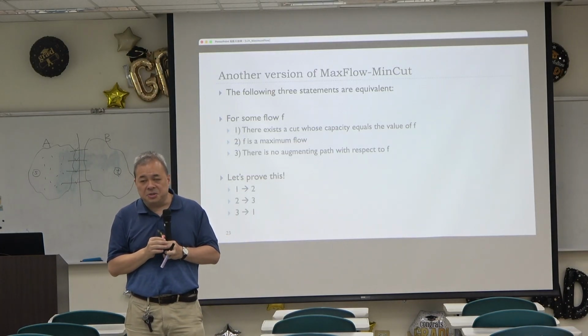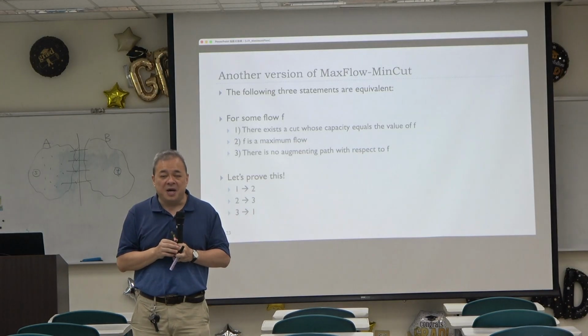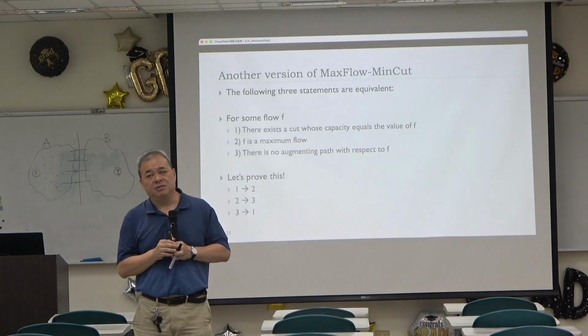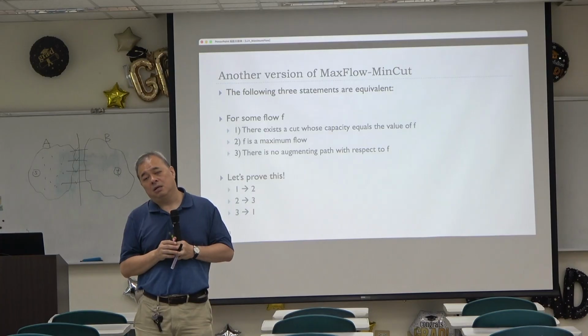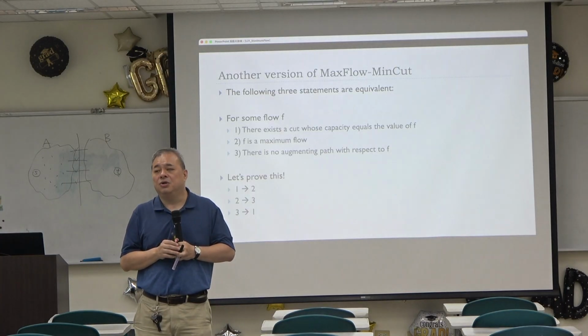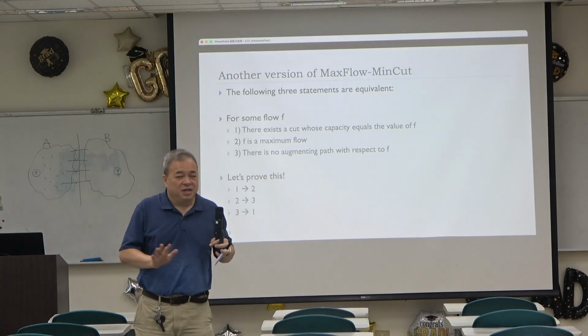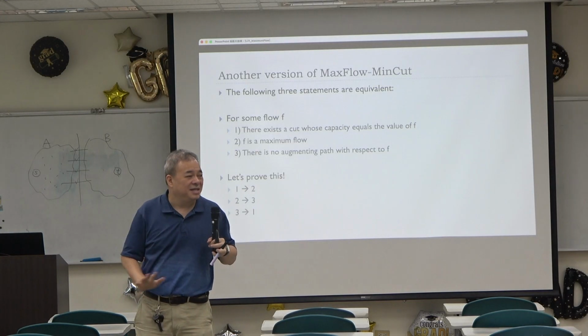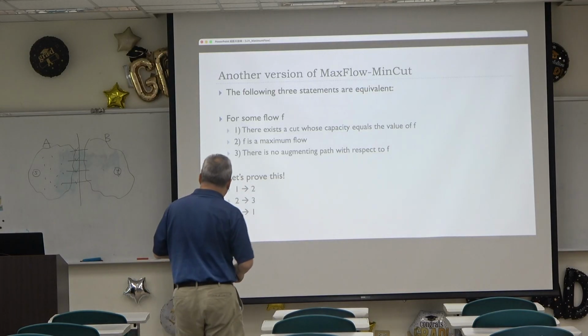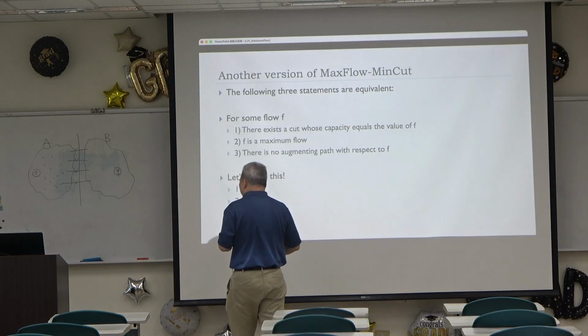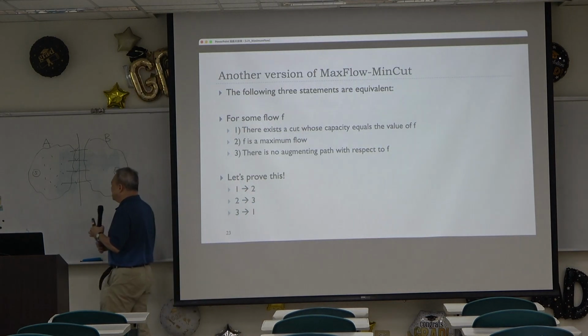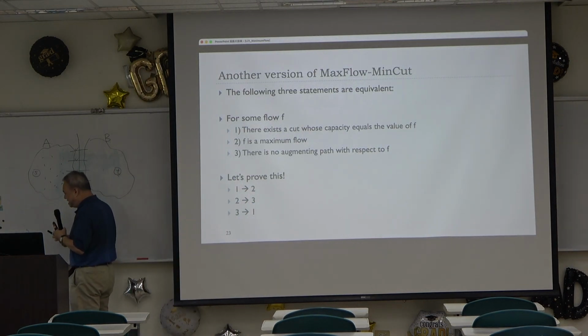So this actually gives us an algorithm to find the bottleneck. Of course, first you need to push the maximum flow. Once you have the maximum flow, then starting from S, use a breadth first search, whatever, to find the reachable nodes and the rest of the nodes.